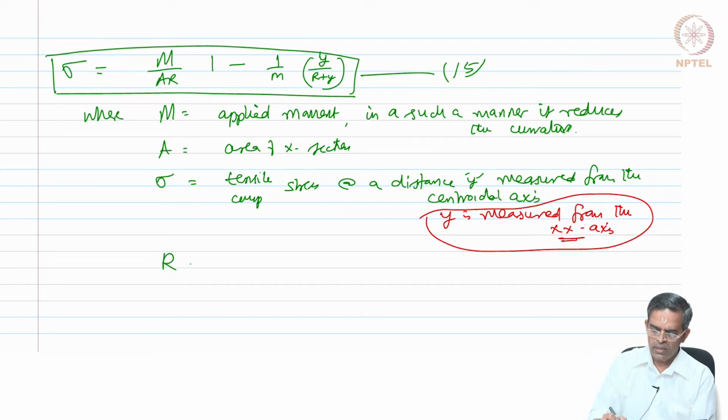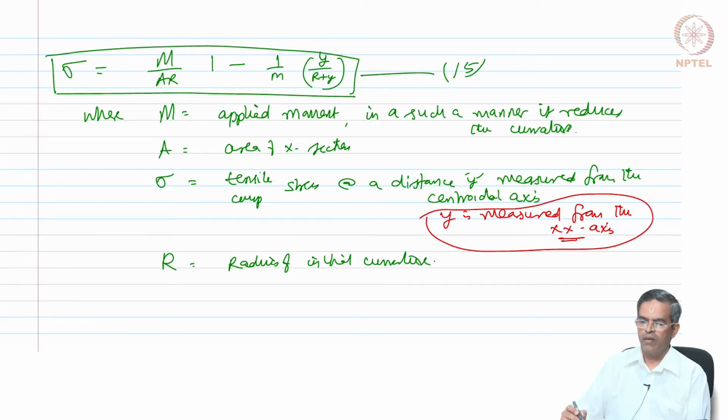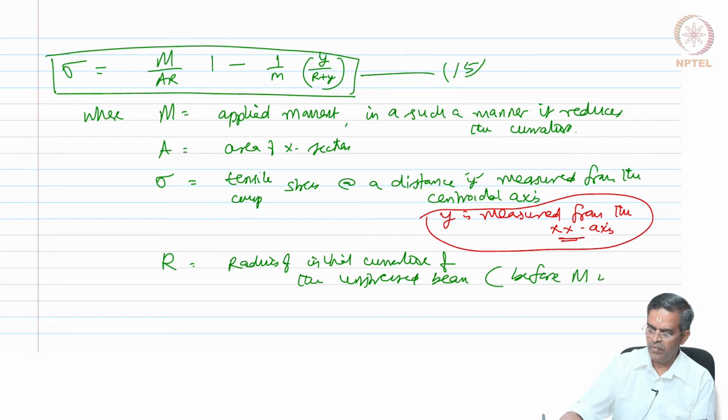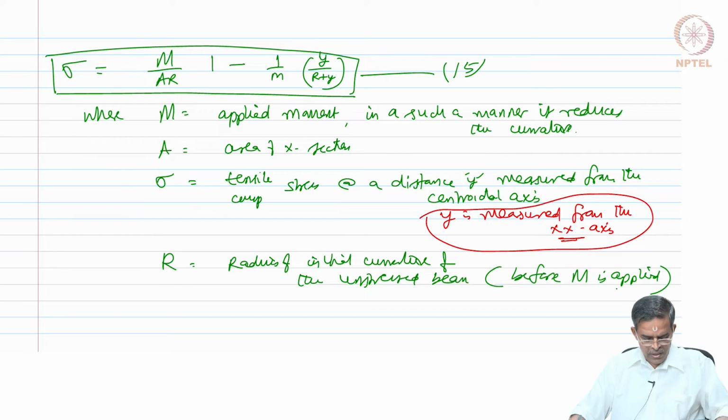Then of course, r is the radius of initial curvature of the unstressed beam, before the M is applied. The moment is applied. Original initial curvature.